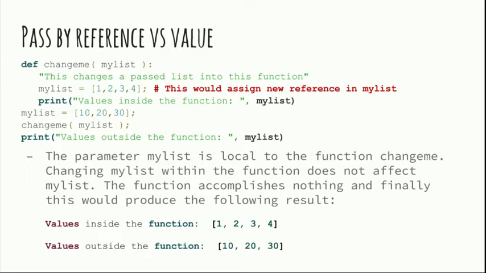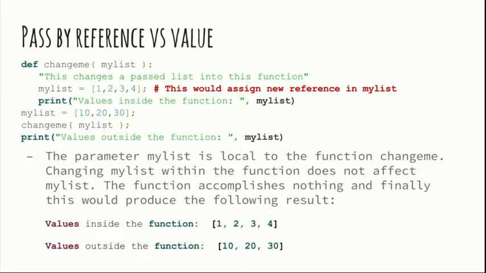Now print the value inside the function, my_list. my_list = [10, 20, 30], change_me(my_list). Now print the value outside the function, my_list. The parameter my_list is local to the function change_me. Changing my_list within the function does not affect my_list.